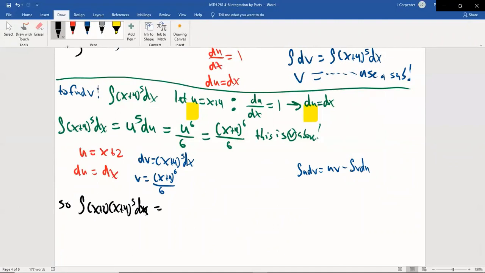Here's the u, here's the v. So x plus 2 times x plus 4 to the 6th over 6. And minus the integral of v du. V is again x plus 4 to the 6th over 6. Du was the dx.